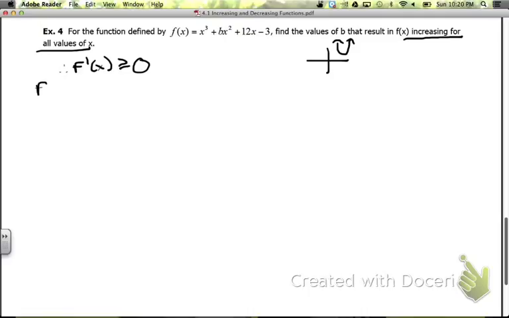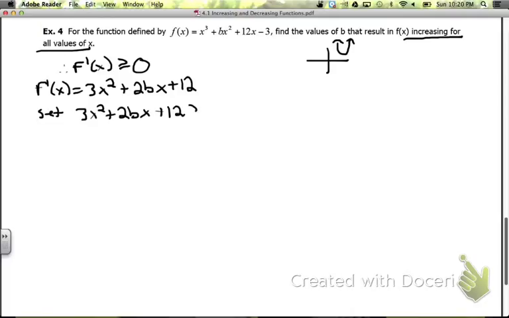So f prime of x would be equal to 3x squared plus 2bx plus 12. And since we know that it needs to be greater than or equal to 0, we can now set 3x squared plus 2bx plus 12 greater than or equal to 0.